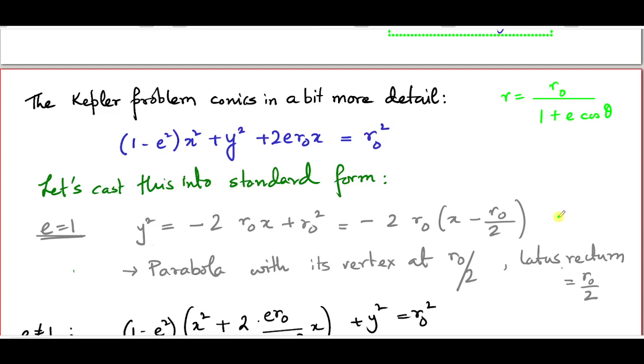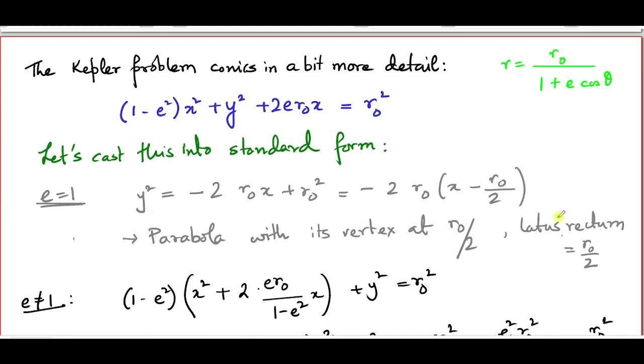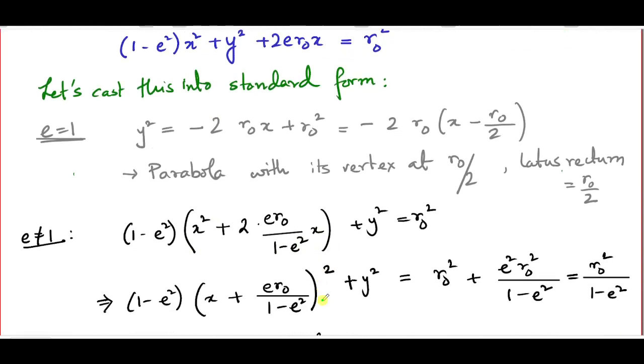Now with this parabolic case out of the way, let's look at the case where e is not equal to 1. And there, what we can always do is take the two terms with x together and use this to complete the square. So we can write this term as 1 minus e square into x plus e r0 by 1 minus e square, whole square.